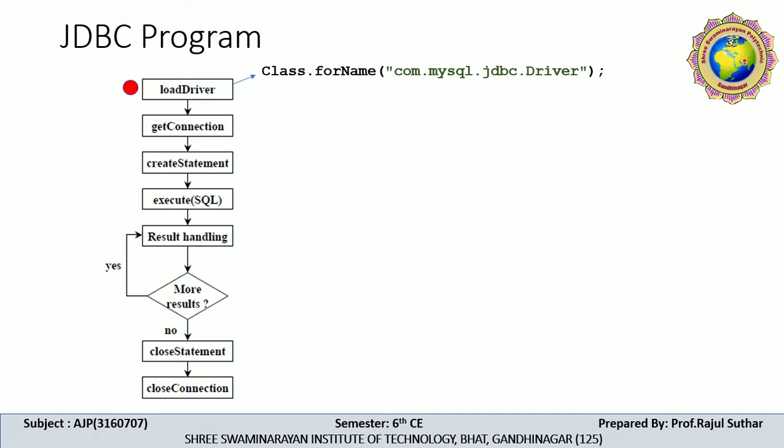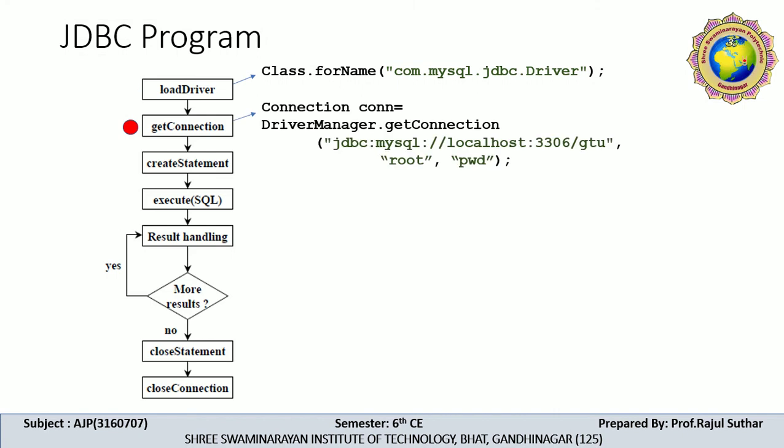Then the second point is get the connection. While you are getting the connection, you require the connection string. Here I write the connection string. Connection con is one object. We require DriverManager.getConnection. In the double quotes we require jdbc:mysql://localhost:3306/GTU.